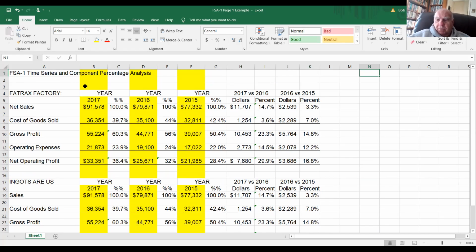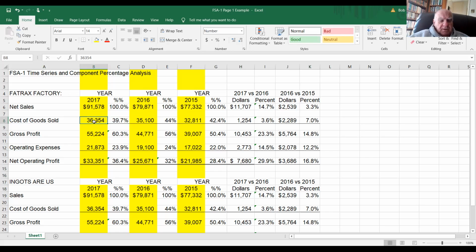Now, let's talk about the component percentages. When we say component percentages, we mean a component of sales. Net sales by definition is 100%. Cost of goods sold is this number here. That gives us this number. Well, how did we get 39.7?